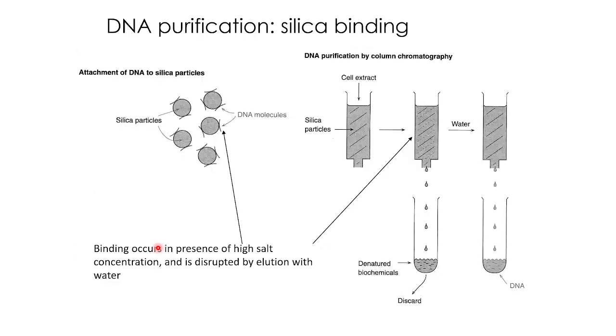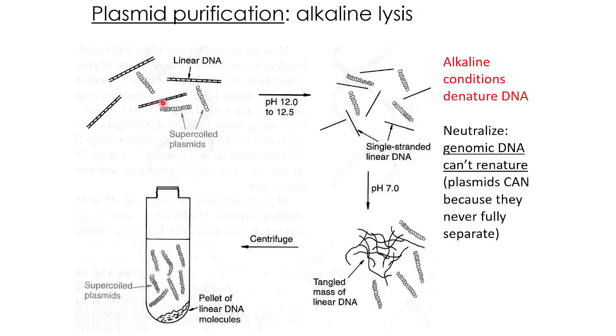So you extract it and you bind them to the silica column. So what you do, you separate the linear DNA from the supercoiled DNA plasmids by the alkaline lysis. Then you neutralize or renature them. Now renaturing will only renature the plasmid DNA, not the genomic DNA. You centrifuge them at high speed for a long time, and you get the supercoiled plasmids in the supernatant and the pellet at the bottom.